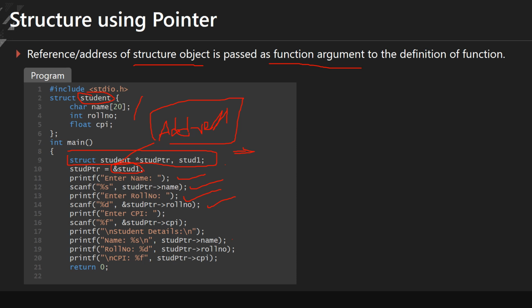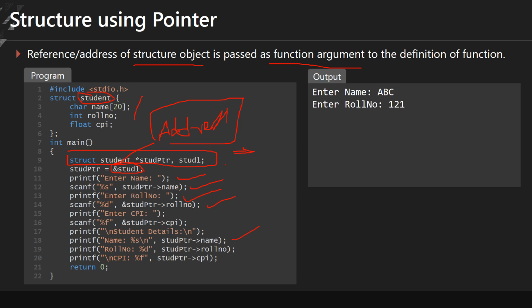Then you display the name, roll number and CPI using the stud pointer. Enter the name, roll number and CPI, and the details will be displayed.